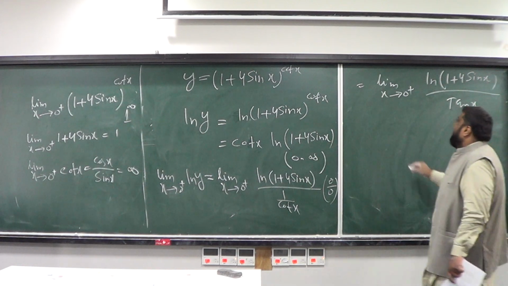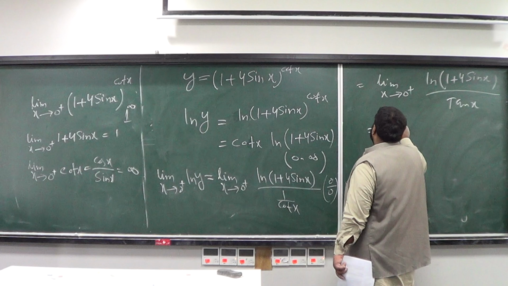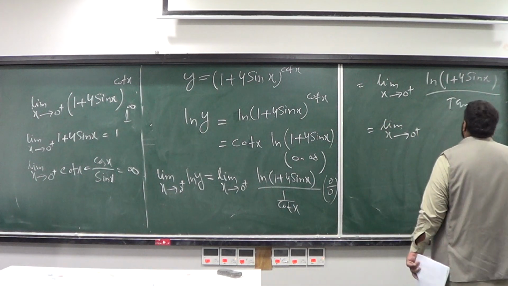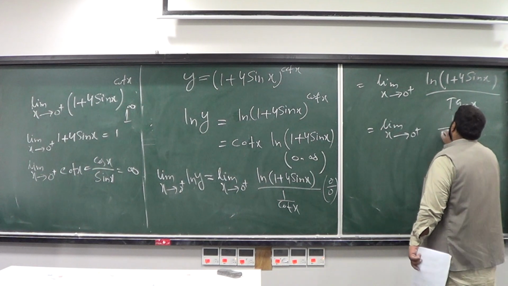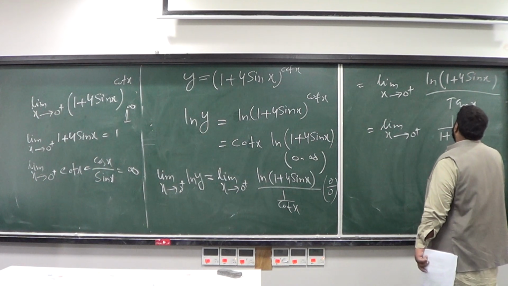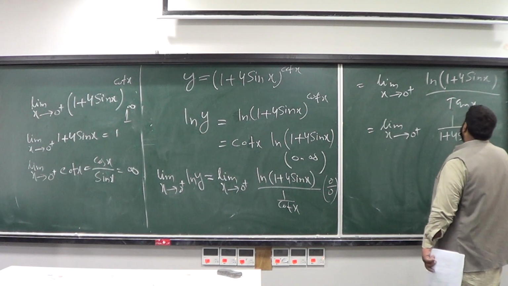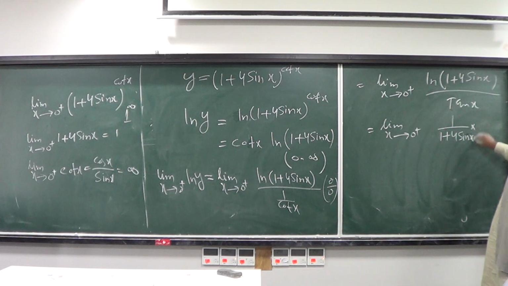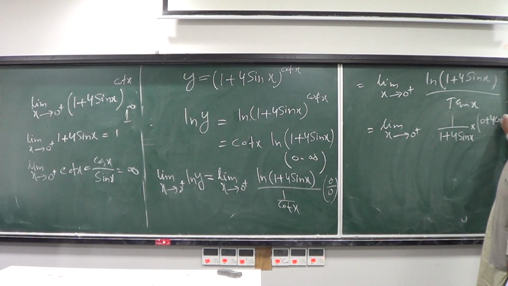Now apply the L'Hopital rule. It's going to be 1 over 1 plus 4 sine x times the derivative of 1 plus 4 sine x, which is 0 plus 4 cosine x. This is what you're going to get.